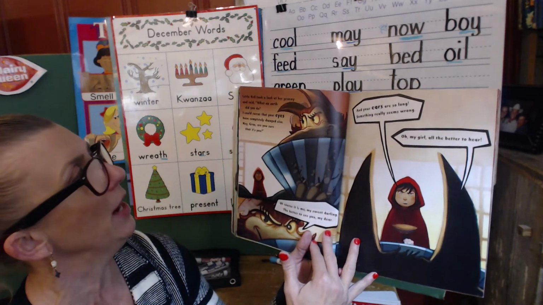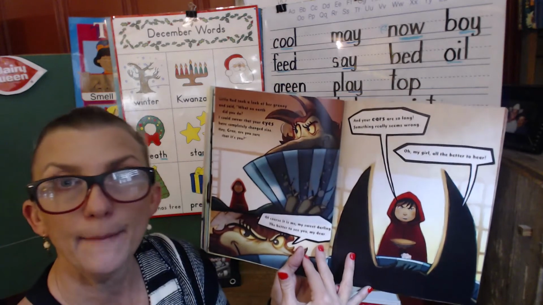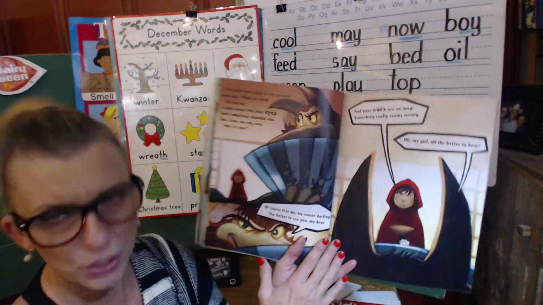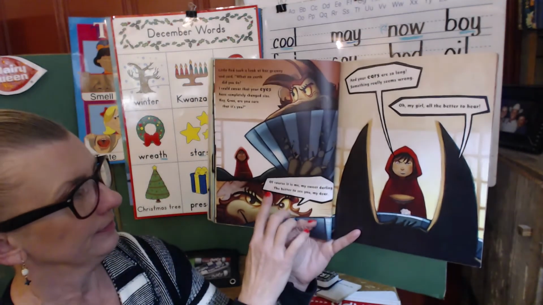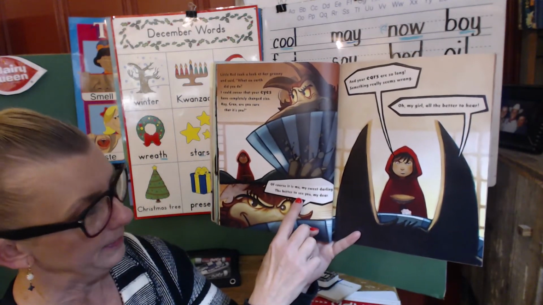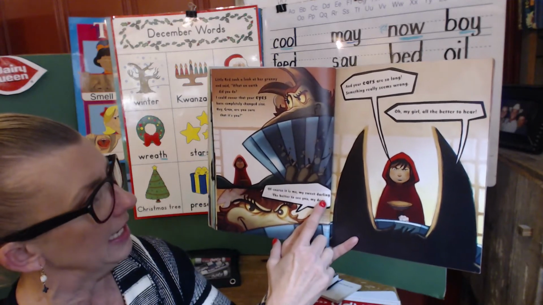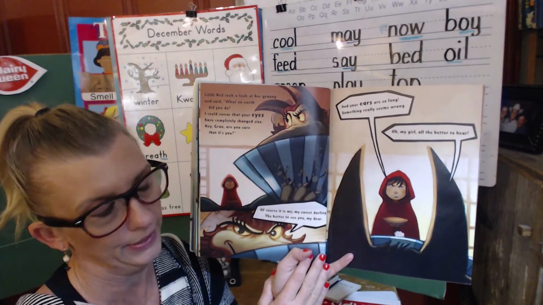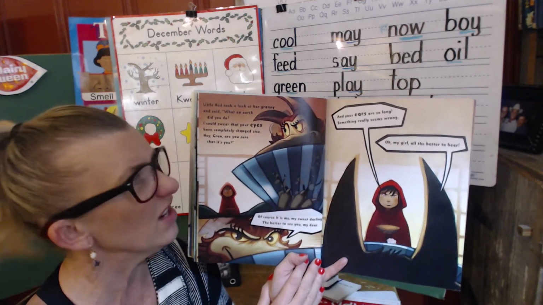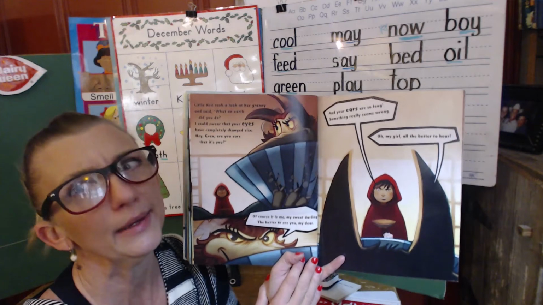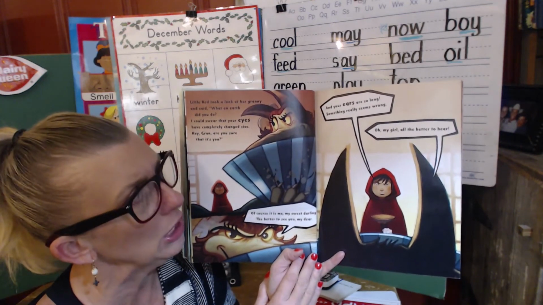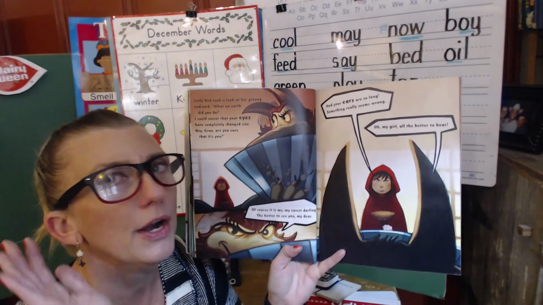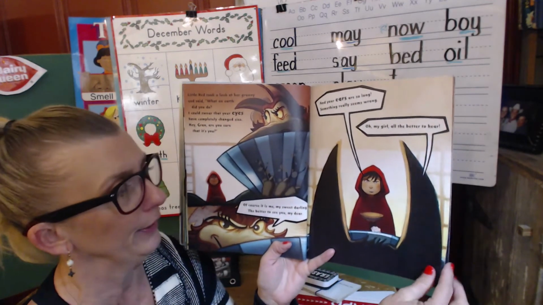I could swear that your eyes have completely changed size. Hey, Gran, are you sure that it's you?" "Of course it is me, my sweet darling. The better to see you, my dear." "And your ears are so long. Something really seems wrong." "Oh, my girl, all the better to hear."